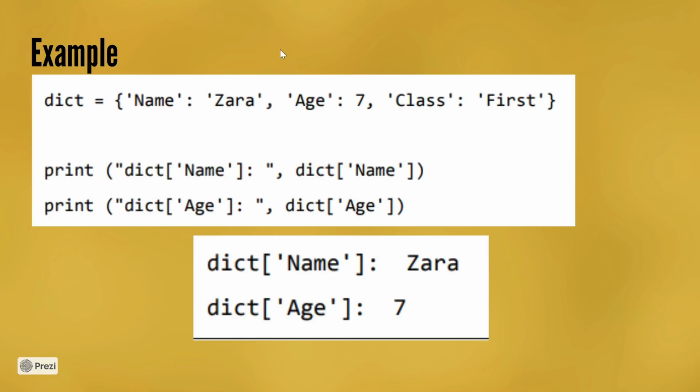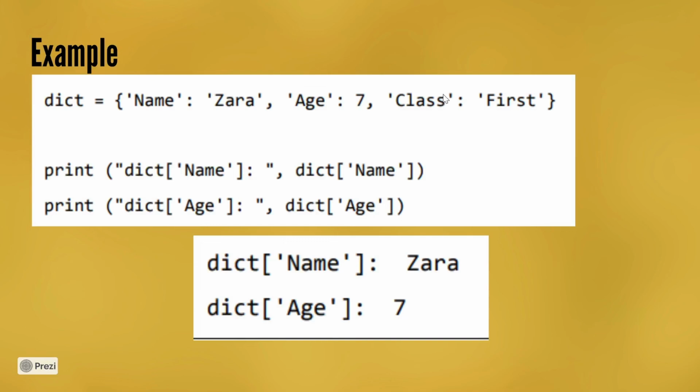So this dictionary is a collection of keys and values and the relationship between the key and value. For example, if I want to print the name from the dictionary, it will print the value of that particular key. So what is the value for the name? That is Zara, so it will print Zara. Similarly, if I want to print the age, it will print the mapped value of that age, which is 7.